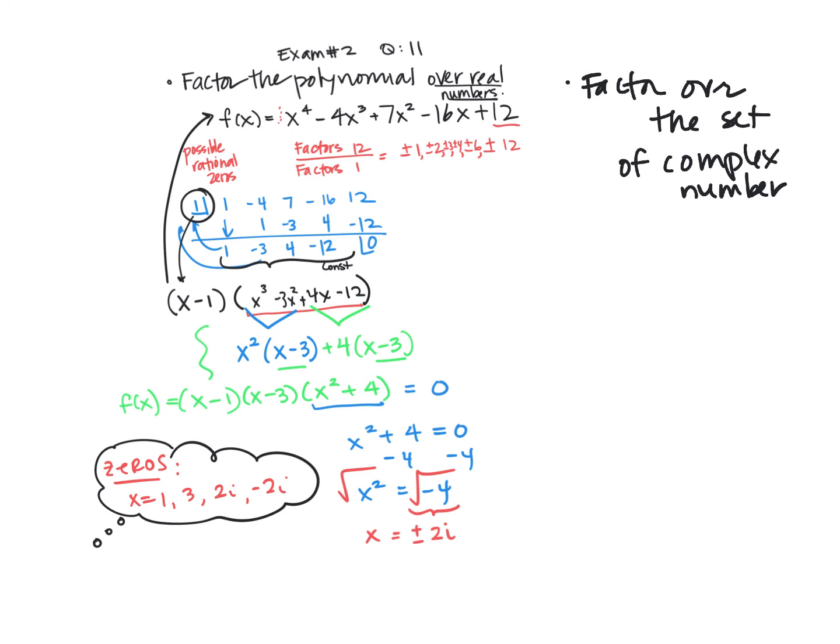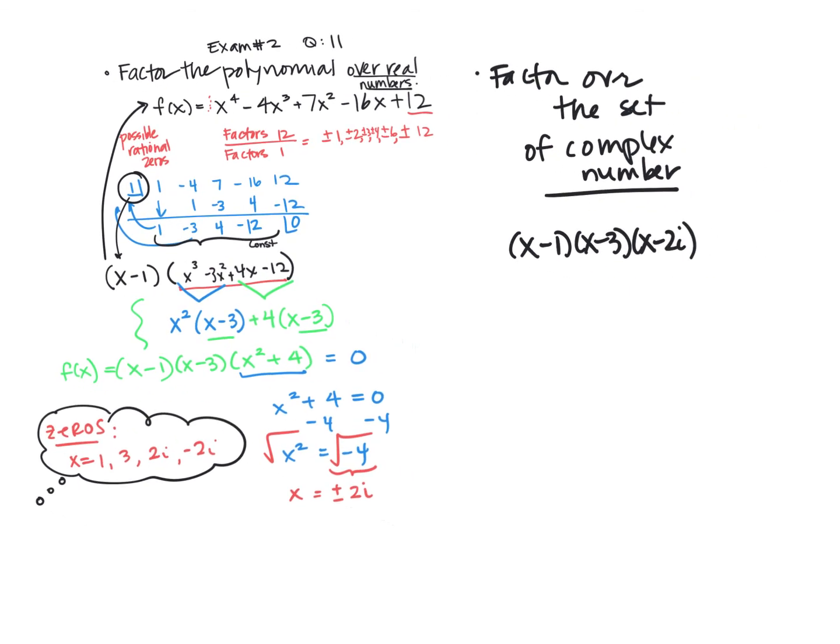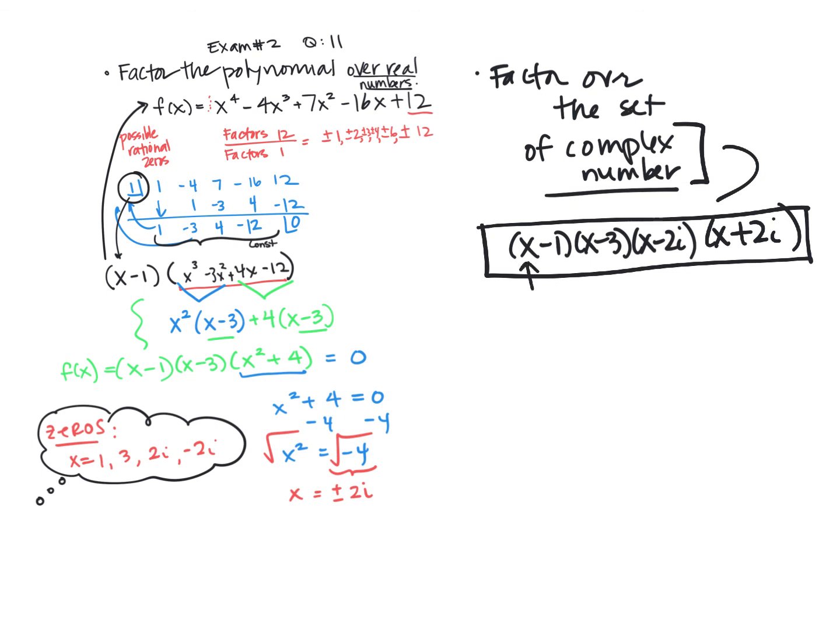Because we have 2i and negative 2i over the complex numbers, I'm going to work backwards here. This will be x minus 1, x minus 3, and then x minus 2i and x plus 2i. So that's factored over the complex numbers, all linear factors, just to power 1 on all of those x's.